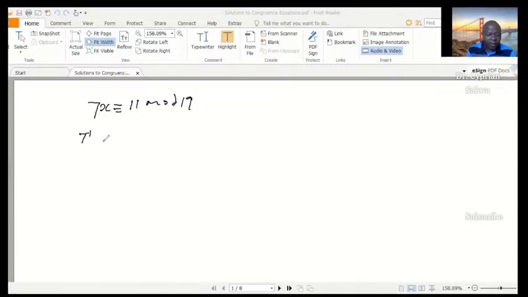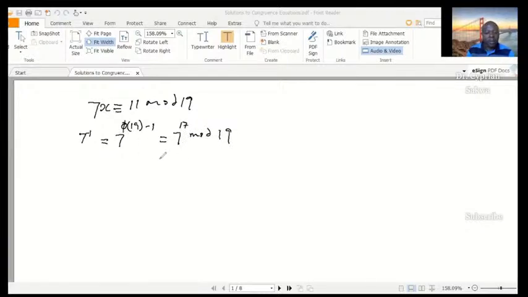And so the inverse of 7 will be given by 7 raised to phi of 19 minus 1. Since 19 is prime, phi of 19 is 18. 18 minus 1 will be 17. So this is 7 raised to 17 mod 19. This is the inverse of 7.